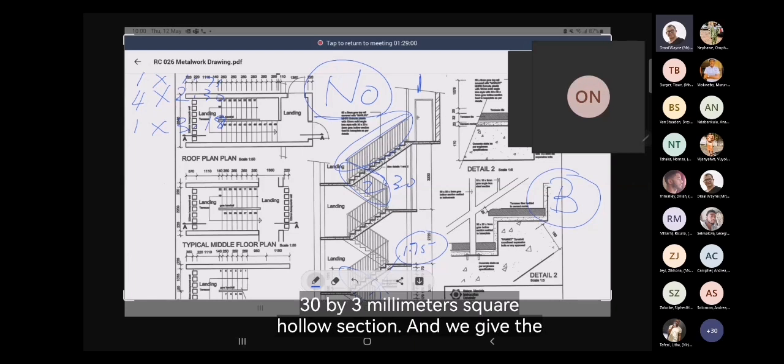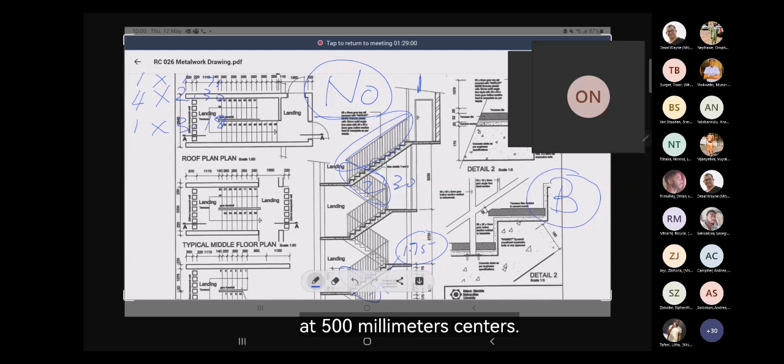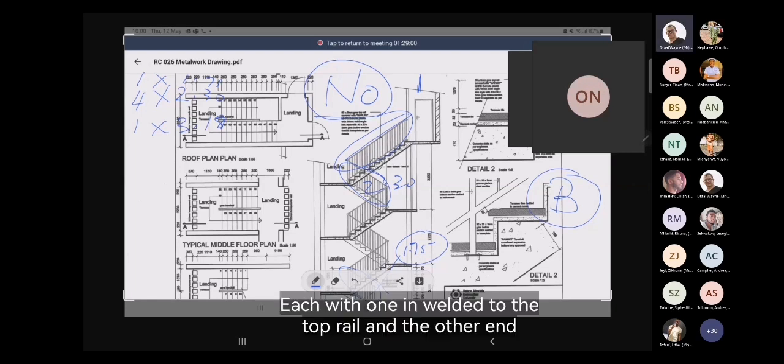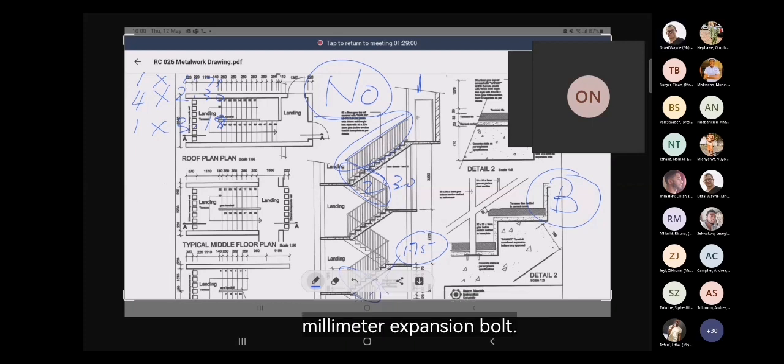And we give the length that we've determined earlier, 1269 millimeters long at 500 millimeter centers, each with one end welded to the top rail and the other end fitted with a 100 by 30 by 2 millimeter flat base plate, twice holed for and bolted to the concrete with and including 8 millimeter expansion bolt, 40 millimeters long, including the mortises.